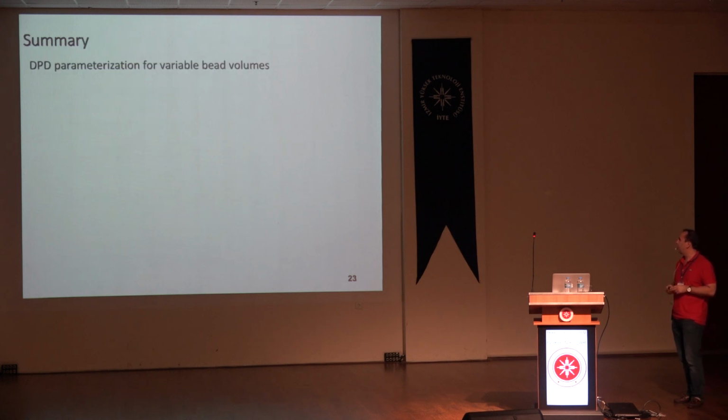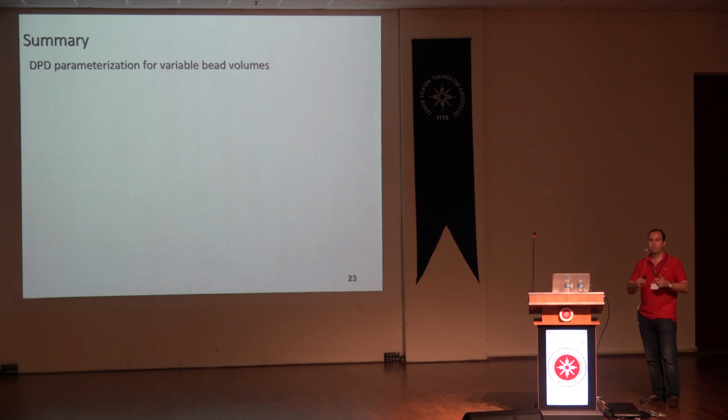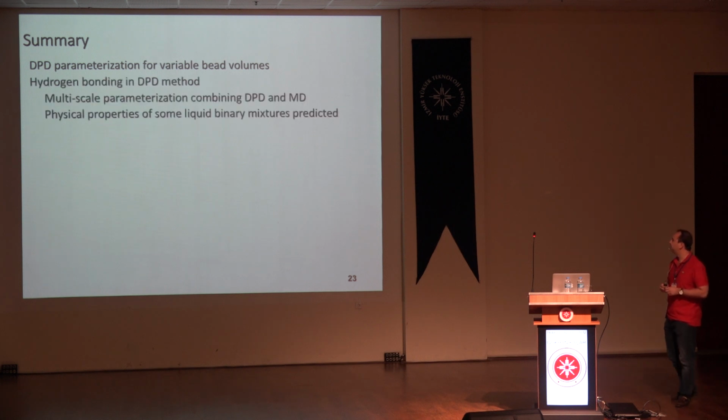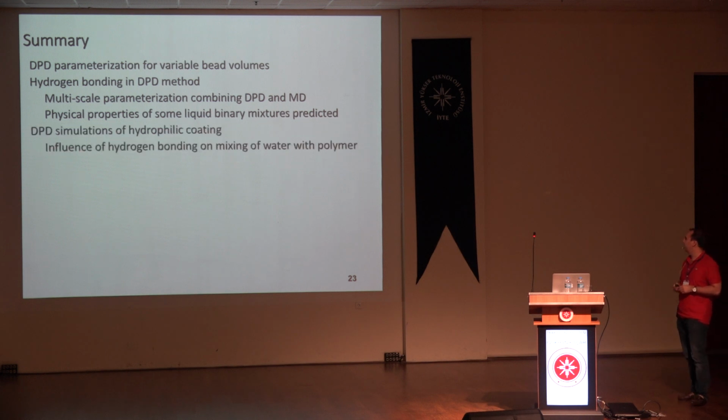Okay, as a summary, today I wanted to give you a brief overview of the conventional DPD, and later the DPD parameterization, and how we approach computing the variable bead volumes. And later I wanted to show you the hydrogen bonding implementation in the DPD method by considering this multi-scale parameterization, and already showed that physical properties of some liquid binary mixtures are predicted nicely.